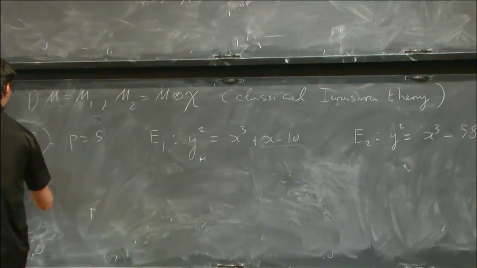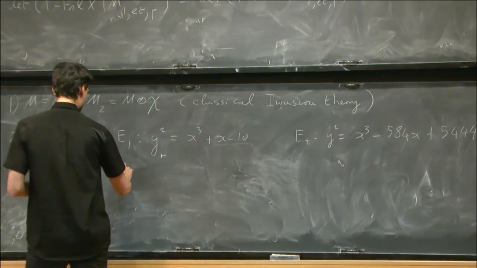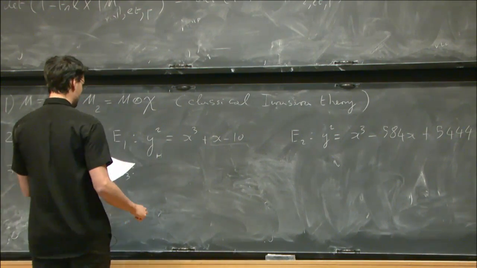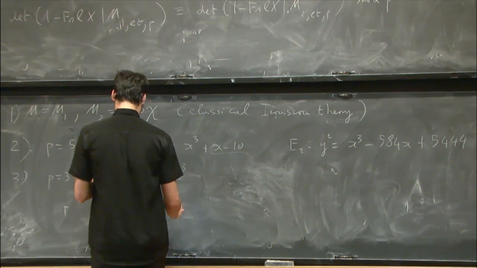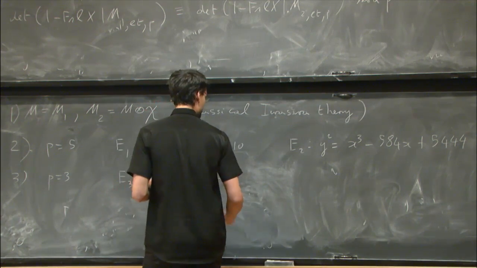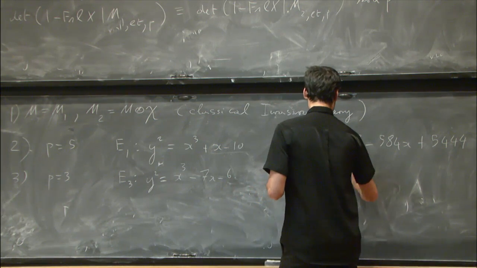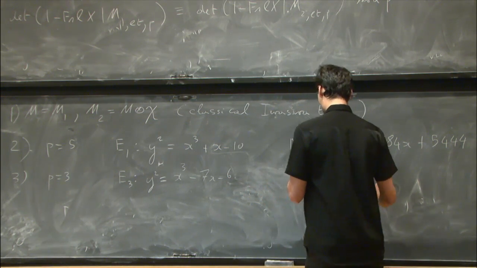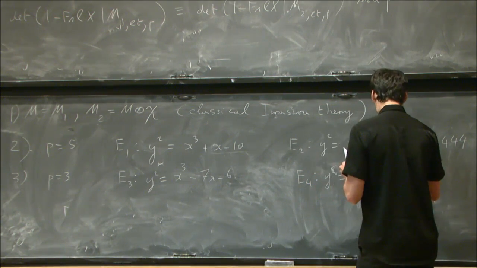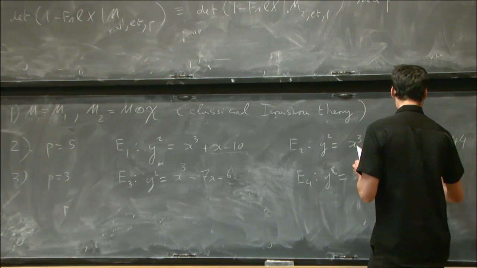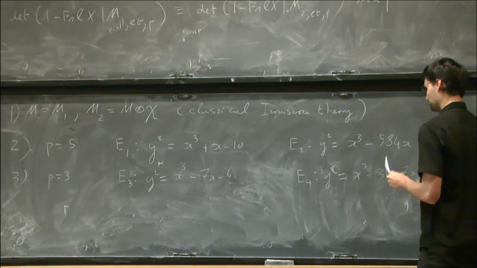But let me give another example. Now P is equal to 3. And I'm going to look at still two further elliptic curves, E3, given by the equation y squared is x cubed minus 7x minus 6. And E4, given by y squared equals x cubed minus 31,307x minus 1,717,706.